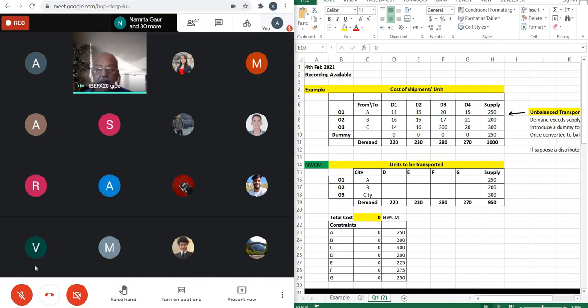Rachit Tyagi. What is the difference between the earlier classes and today's class? Sir, in this class we introduced the unbalanced transportation problem. In the previous class we did LPP and the basic transportation problem. Does the solver algorithm remain the same?